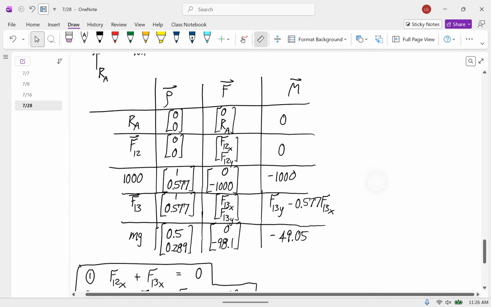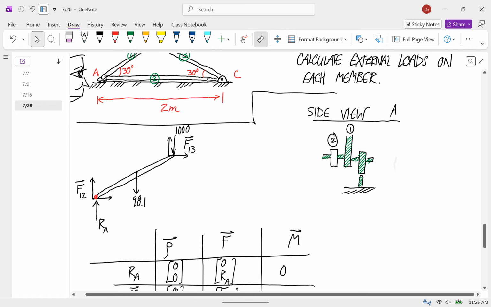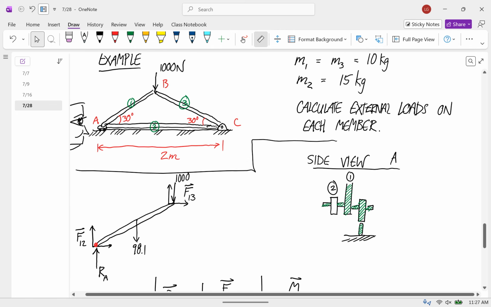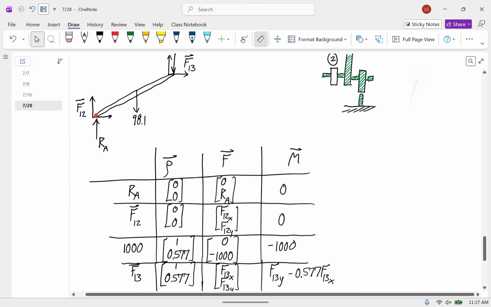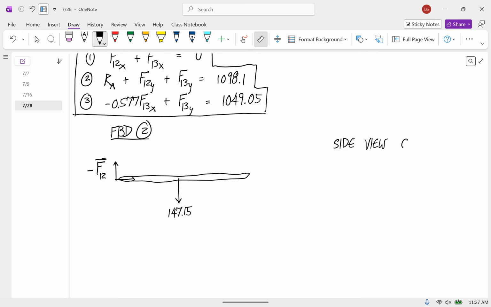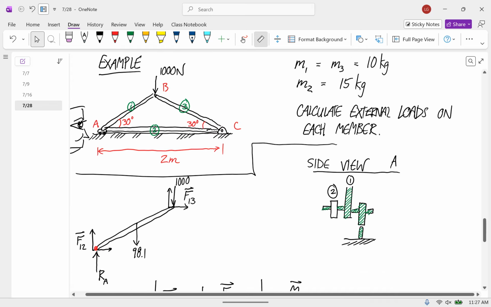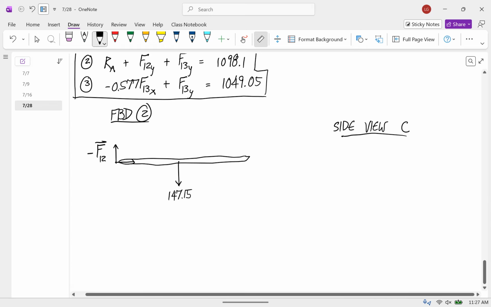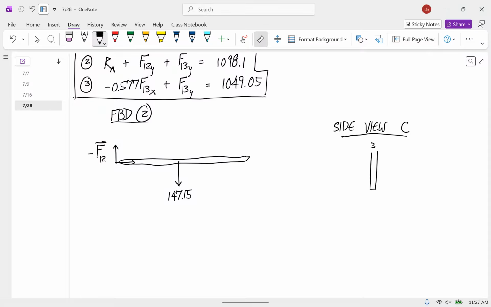Okay, and now let's think about what's happening at the joint C. Let's think about that from a side view. Well, we have member 3 going up and away if we're looking from the right side. So that's member 3. We have member 2 that's just going straight away.